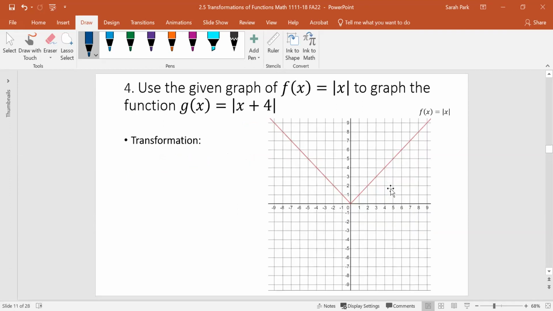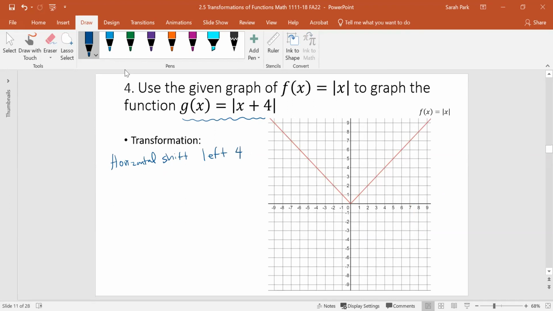Okay, let's take a look at an absolute value function. We have f of x equals the absolute value of x, and we're trying to take g of x, the absolute value of x plus 4 inside the bars. Because it's inside, x plus 4 is going to be a horizontal shift left 4 units. How can we draw that?